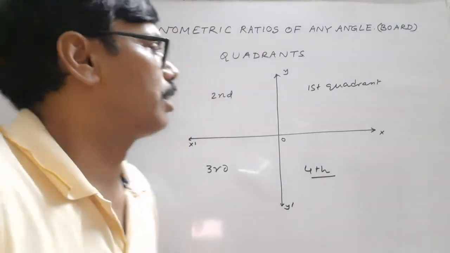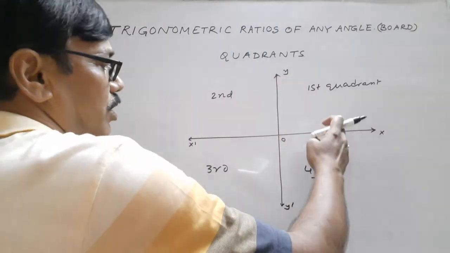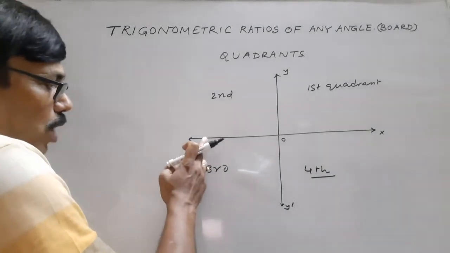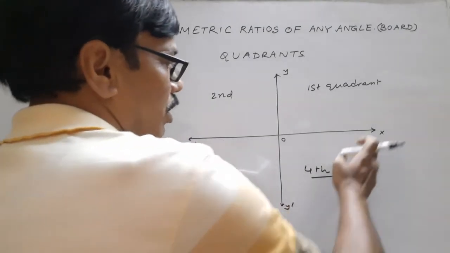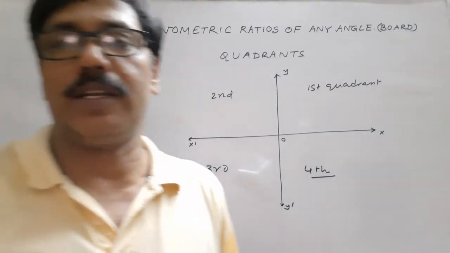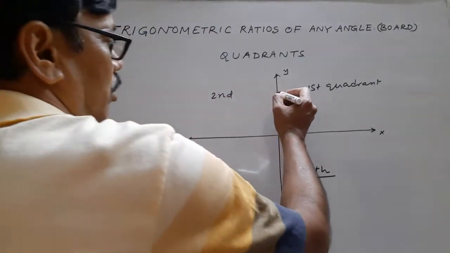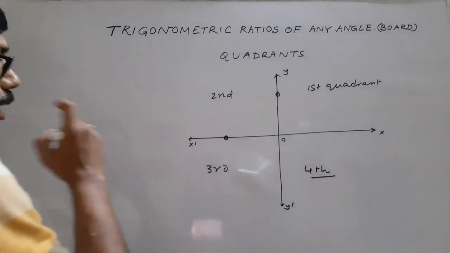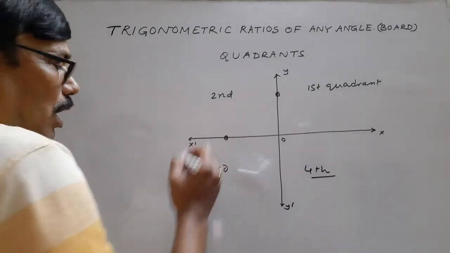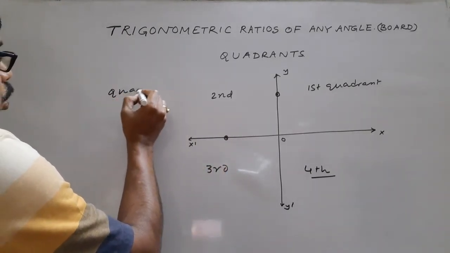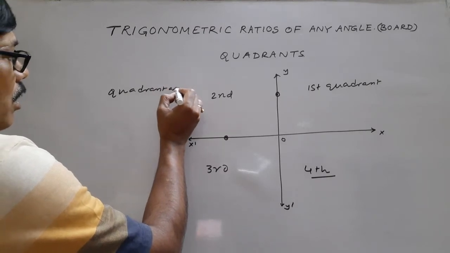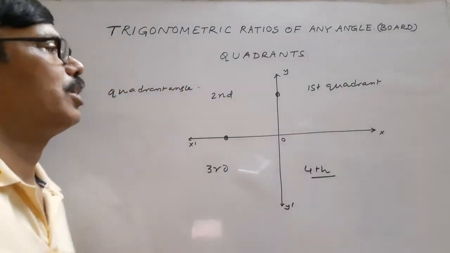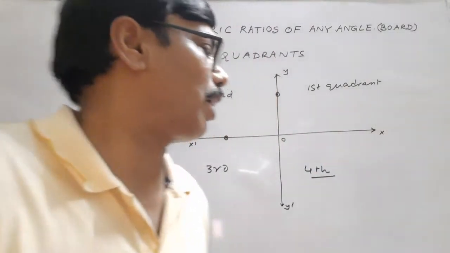And in trigonometry, the first quadrant is 0 to 90, 90 to 180 is the second quadrant, third quadrant is 180 to 270, and 270 to 360 is the fourth. And look here, these angles on the lines are called quadrant angles, for example 180, 90, 270. So there are four quadrants.